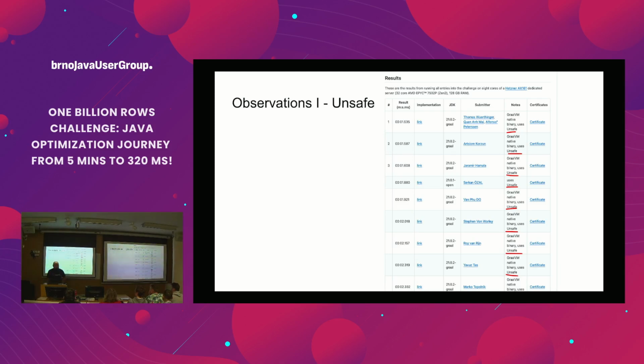Now we are slowly getting replacements, such as the memory segment API I was showing you. It's not there yet, because if you check the leaderboard, all top solutions rely on unsafe, all of them. So yeah.